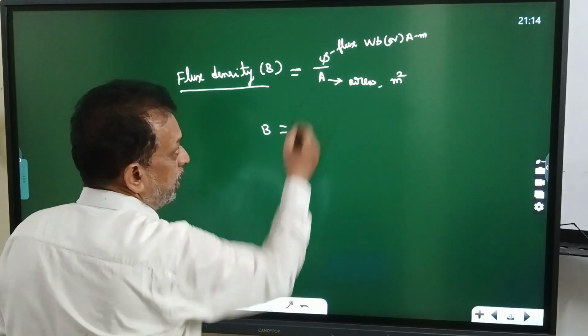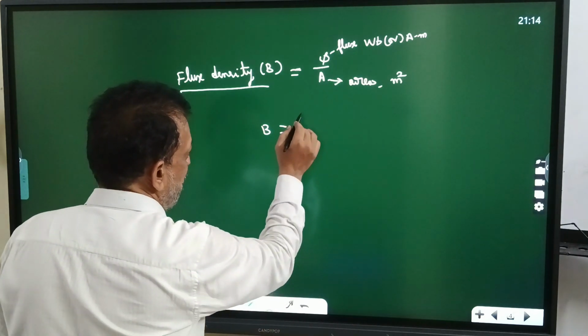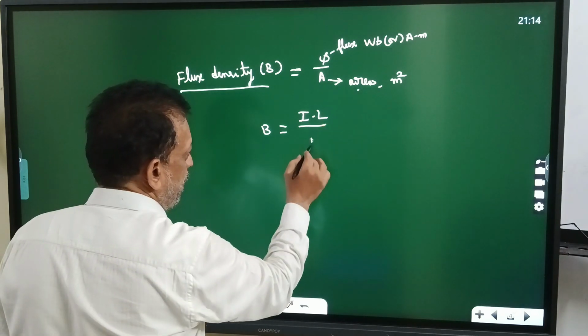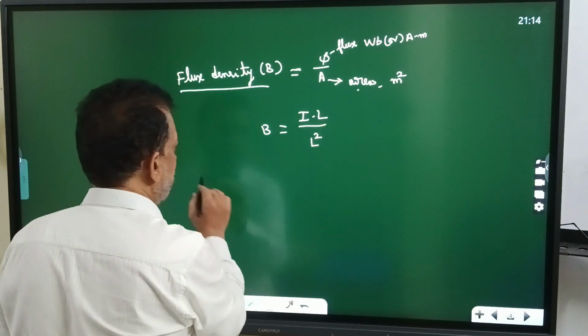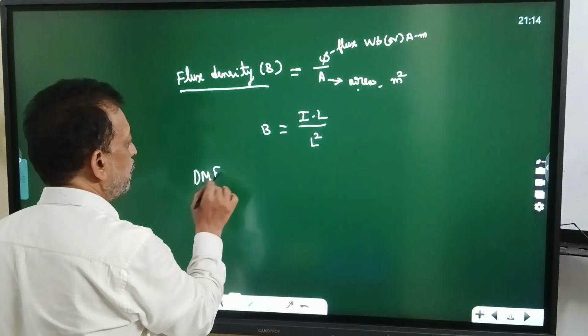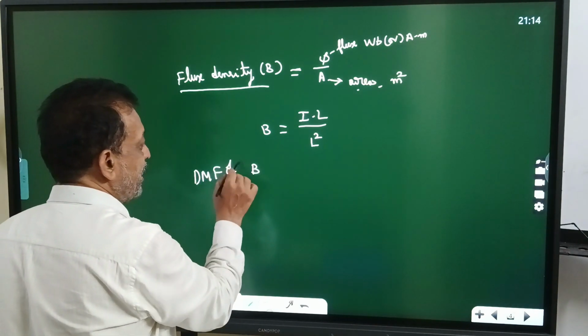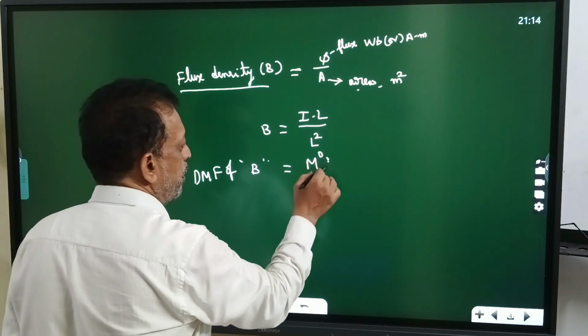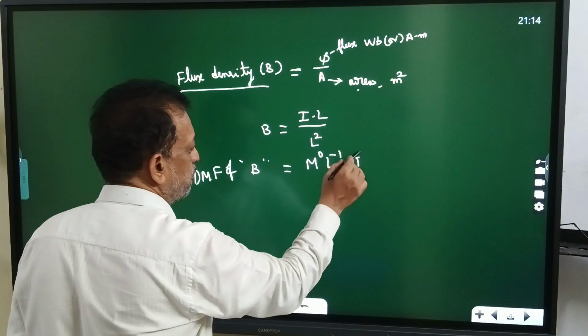Now from this formula, B is equal to, what is the Weber? Ampere meter. Ampere is I. Meter is L. Area, meter square, L square. Then what is the dimension formula of B based on this formula? M to the power of 0, L to the power of minus 1, T to the power of 0, I. That's all.